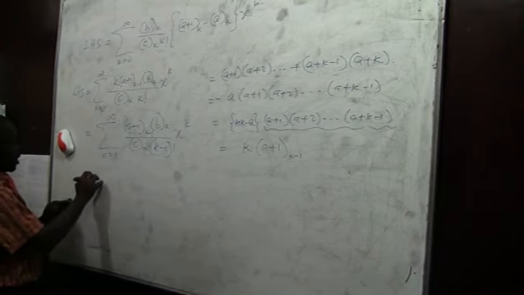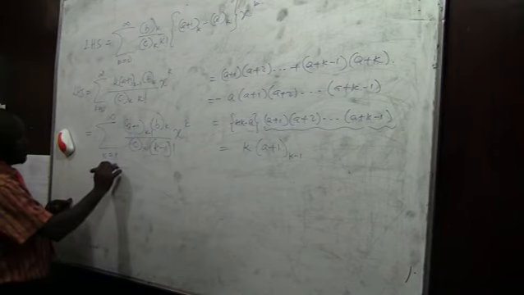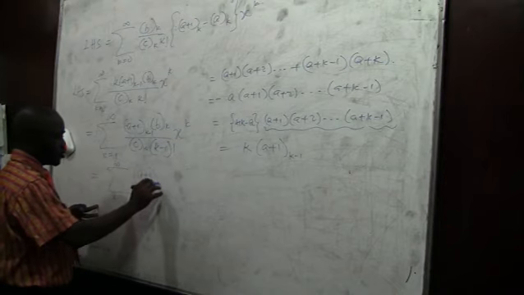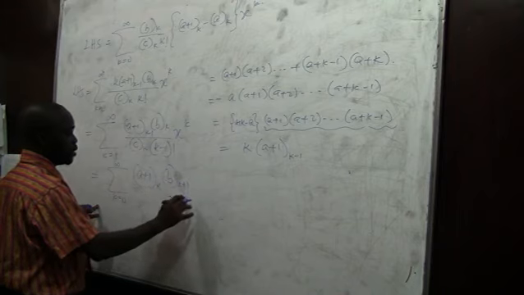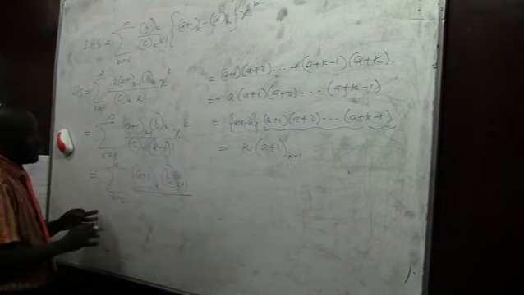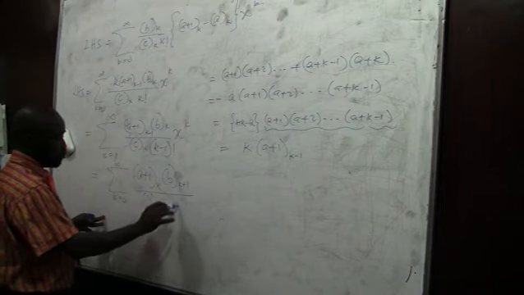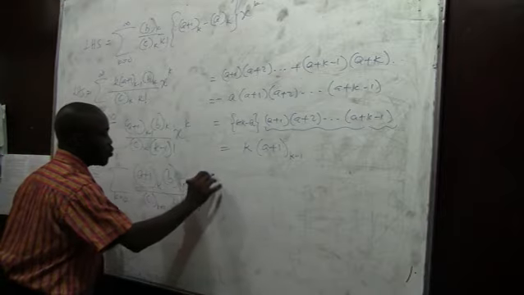Now, we can as well proceed by saying k equals 0 to infinity, (a plus 1) sub k, then I have b sub (k plus 1) divided by c sub (k plus 1), (k factorial) that needs to be preserved, and I have x to the power (k plus 1).